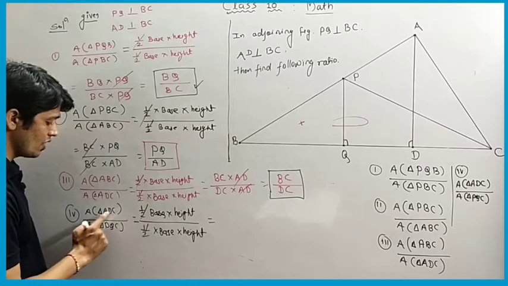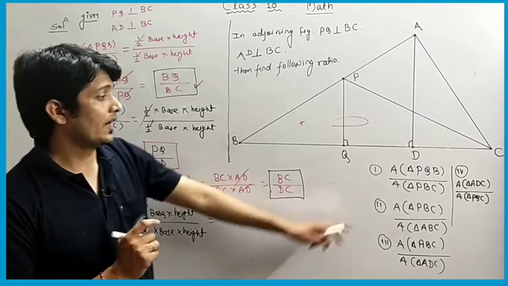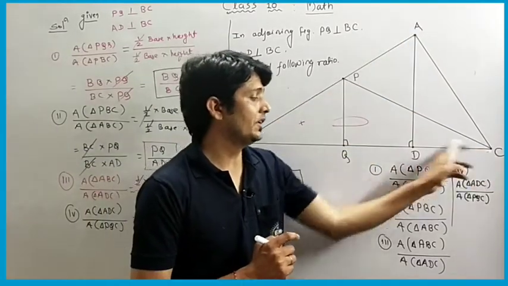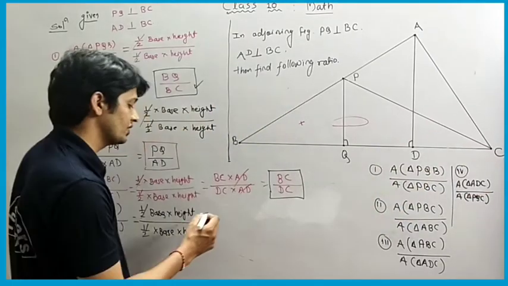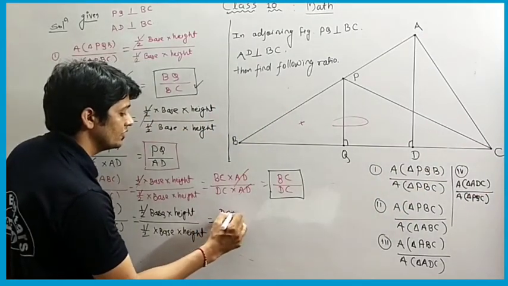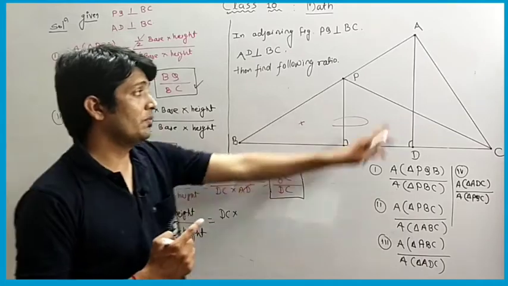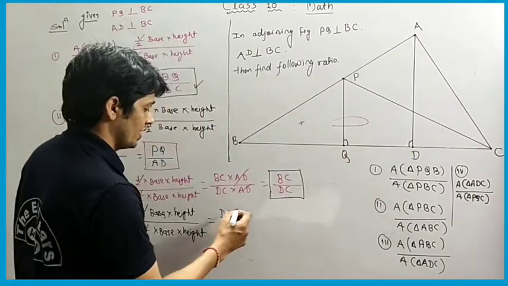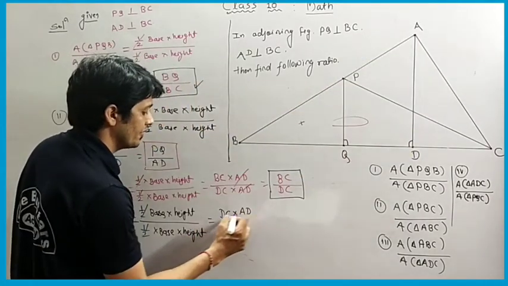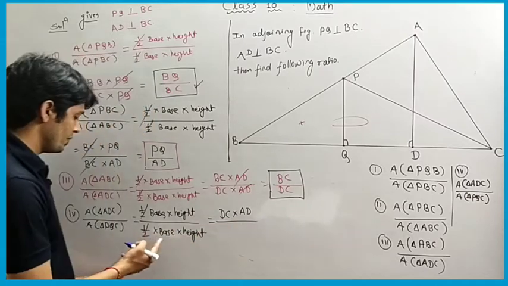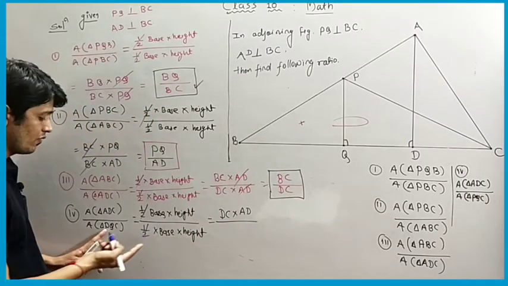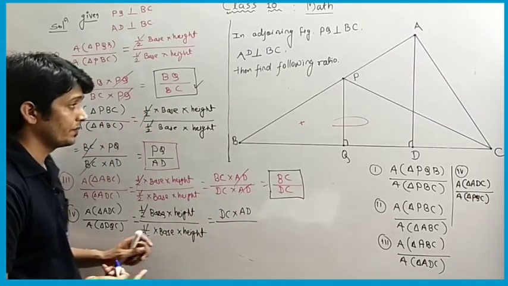So we have the base of triangle ADC. For triangle ADC, DC will be the base. So we write DC into height, which will be AD. Divided by the base and height for triangle PQC.